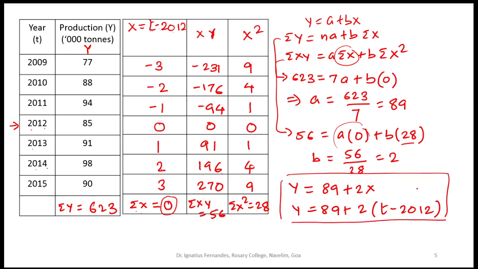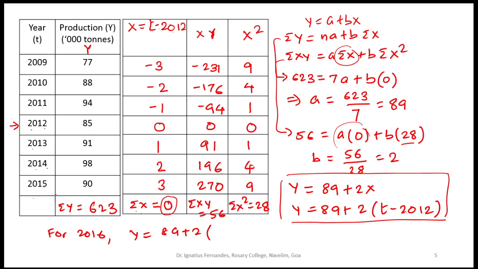Now this equation can very well be used in estimating values for forecasting. Suppose I want to predict the value for 2016, the future value. All that I have to do is find out the x value, or substitute t equal to 2016 here. So y will be equal to 89 plus 2 into, putting t equal to 2016, 2016 minus 2012, which is 4. That you can also directly write as the x value.